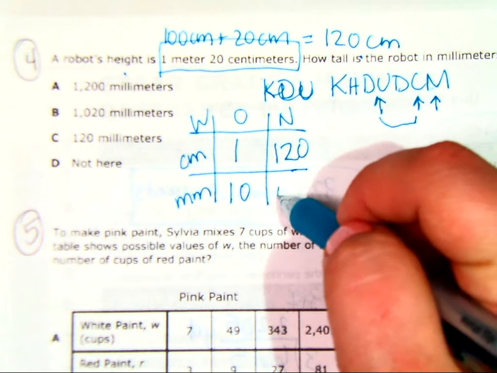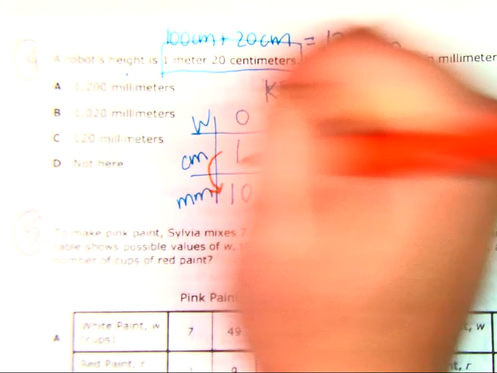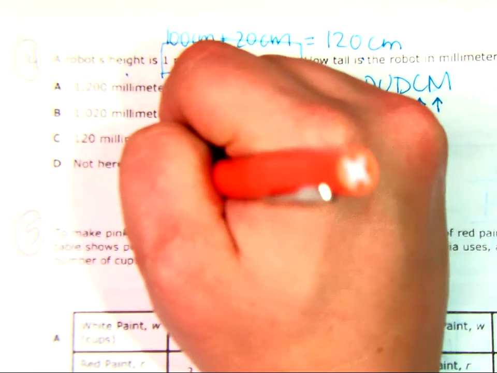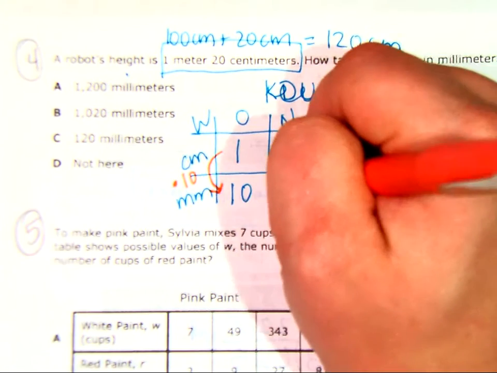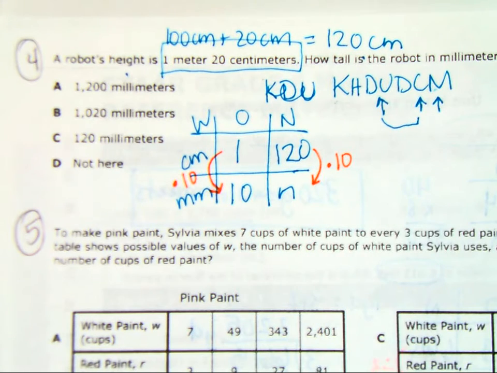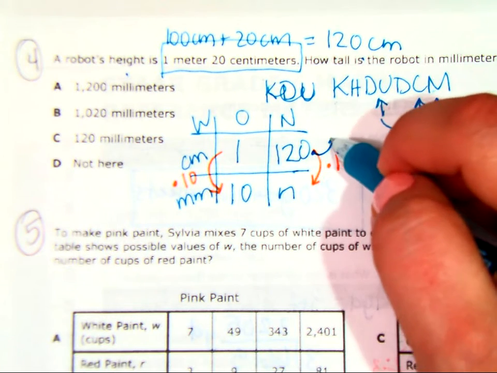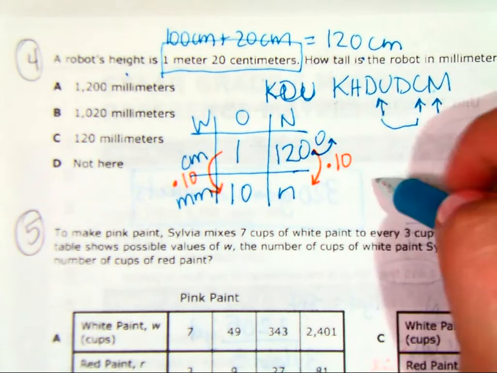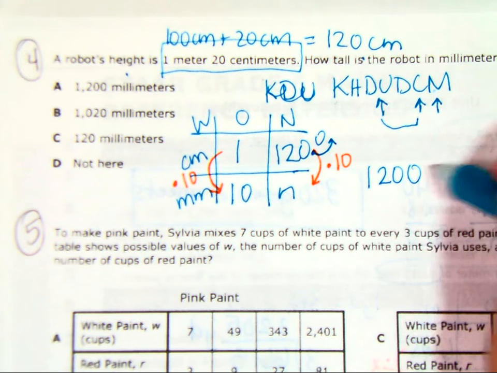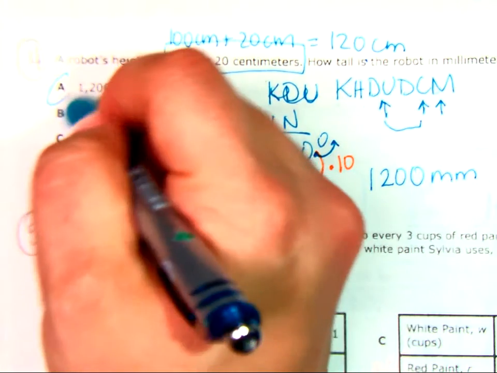We need to find how many millimeters that is. Okay. So again, we can go from 1 to 10 with a scale factor of 10. So I'm going to do the same thing to 120. And when I multiply by 10, it moves the decimal point once to the right, which would be 1,200 millimeters. Same as answer choice A.